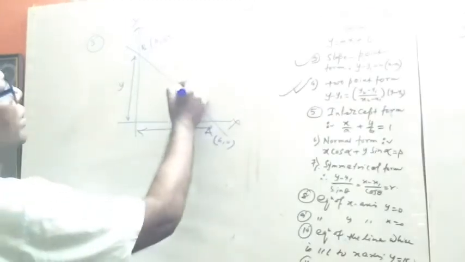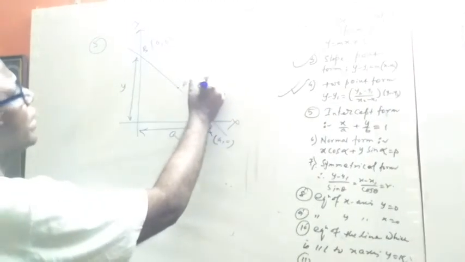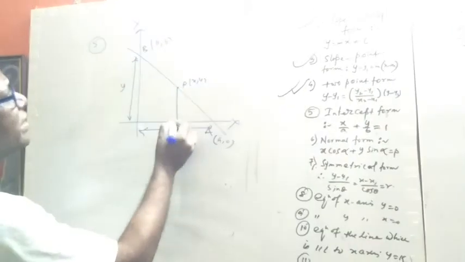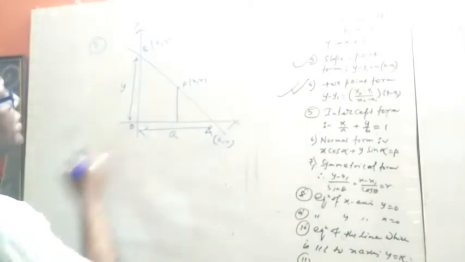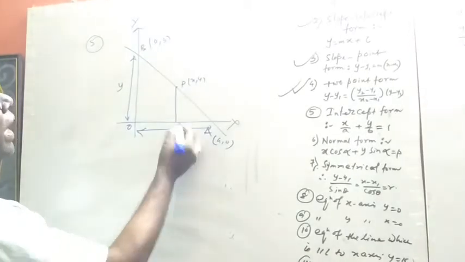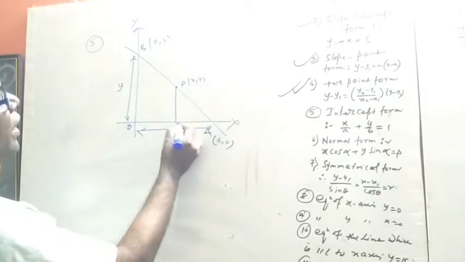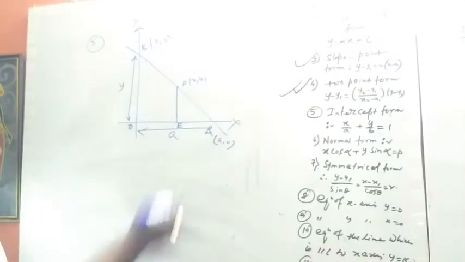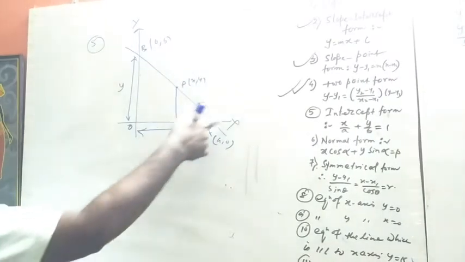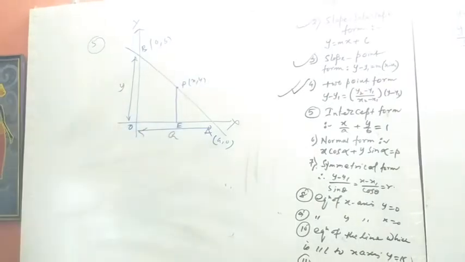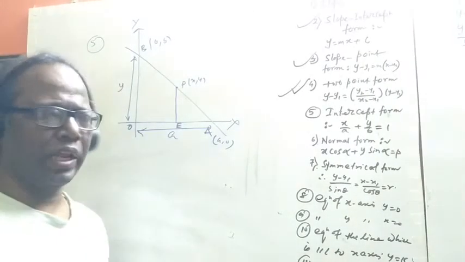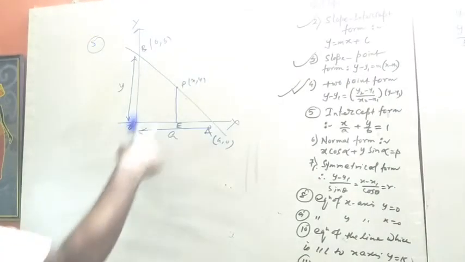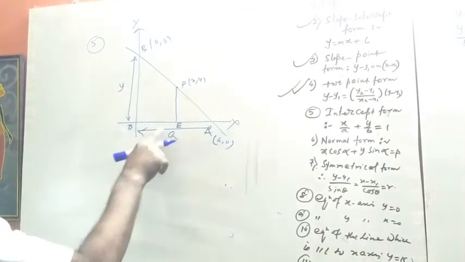A variable point P, that is (x, y), and a perpendicular is drawn from P to the x-axis. Let us assume this is O, and this is E. See here the two triangles, APE and ABO. These two triangles are similar triangles. From the definition of similar triangles, we can write OB by PE equals OA by EA.